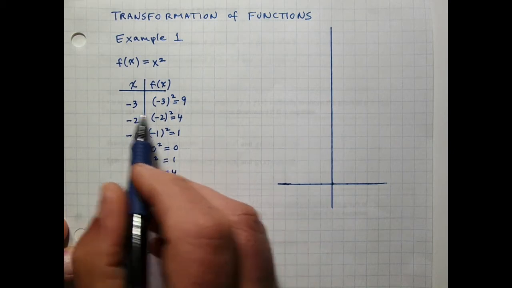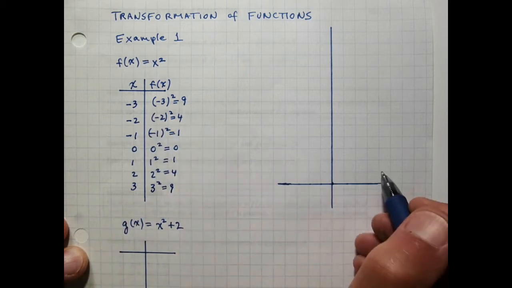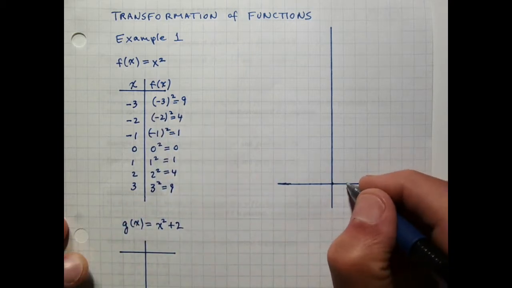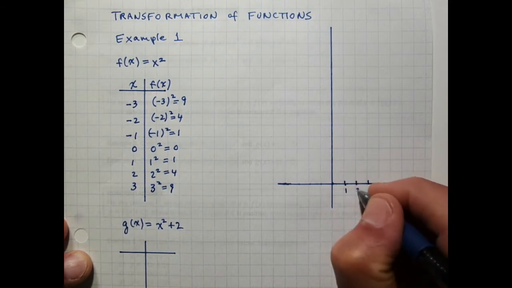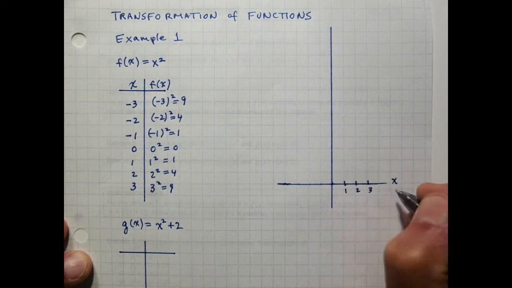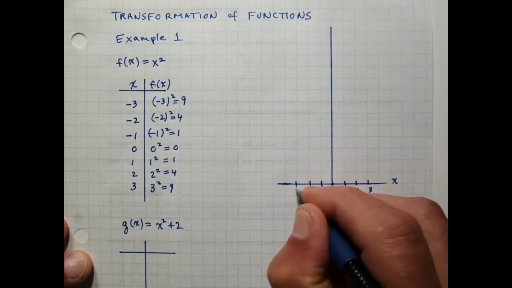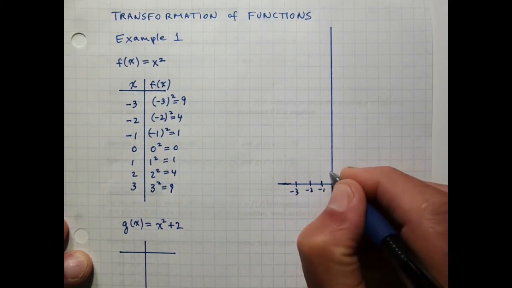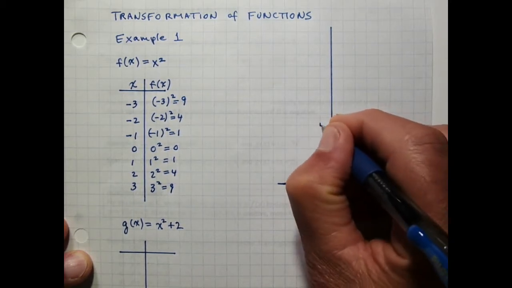And so I'm going to plot the points that correspond to these values on this grid off to the side. Now I'm going to indicate my scale here on the x-axis. Each square is just 1. I think I can fit things on just fine this way. And on the y-axis, each square is also 1.